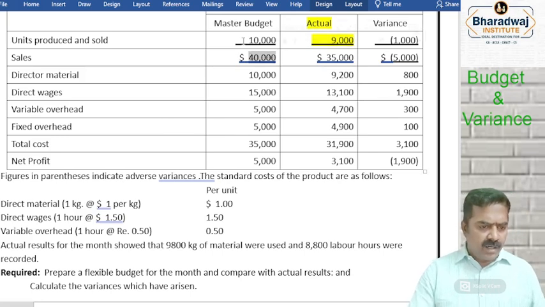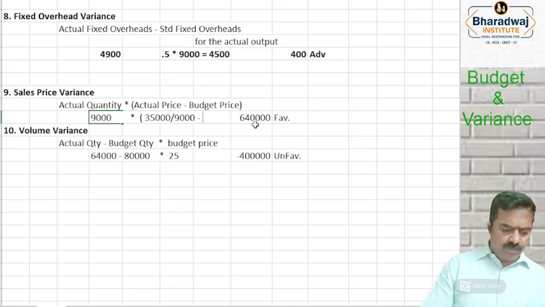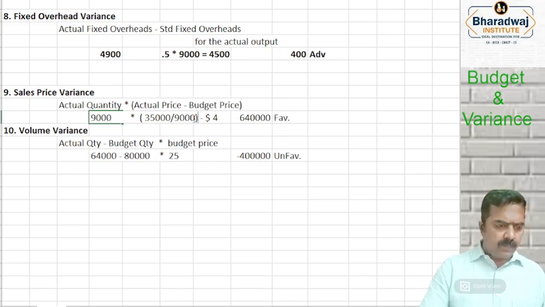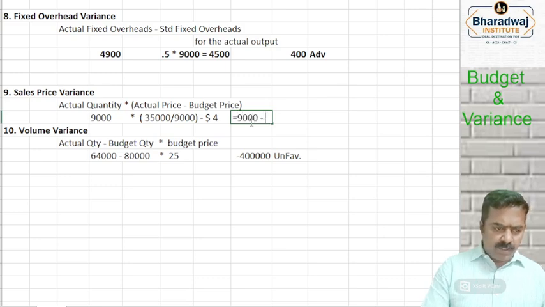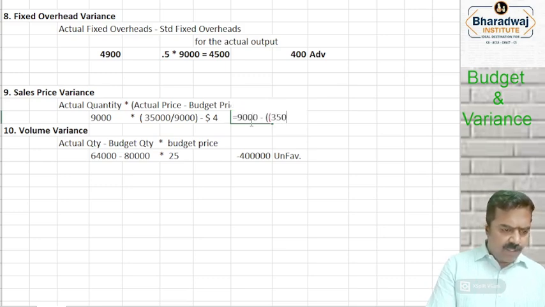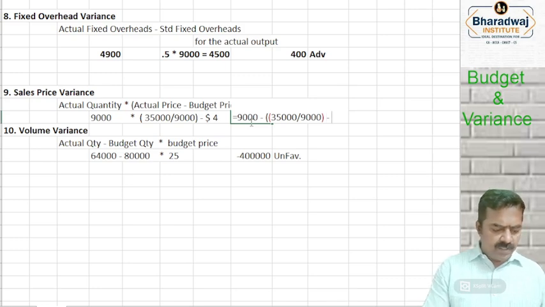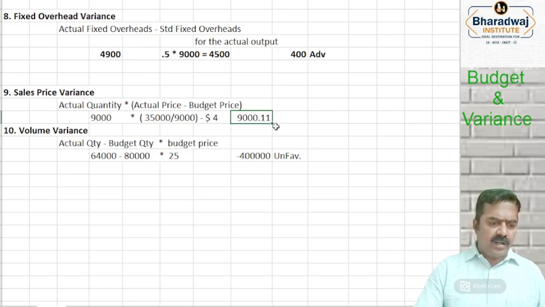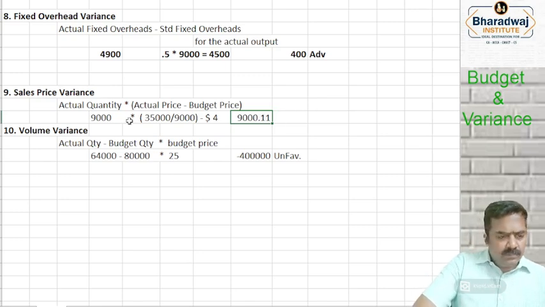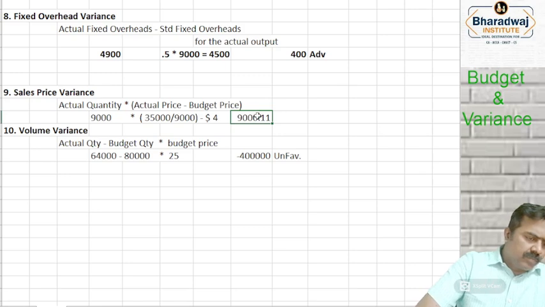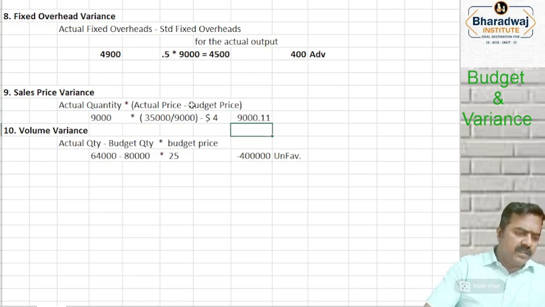Budgeted price is 10,000 for 40,000, that is $4. 35,000 by 9,000 gives the actual price, minus the budgeted price of $4, times 9,000. This is the price variance.